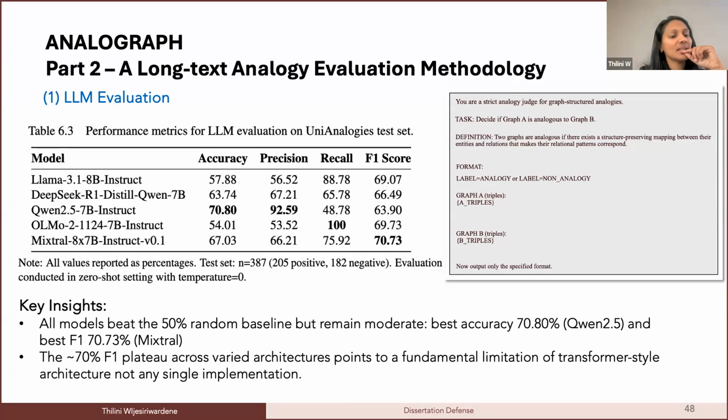What we see is that all models are better than random baseline, but they remain moderate. The best accuracy is around 70%, and best F1 is also around 70%. This could point to a fundamental limitation of this transformer style architecture, not just certain specific modules. And you can see the prompt that I used there.